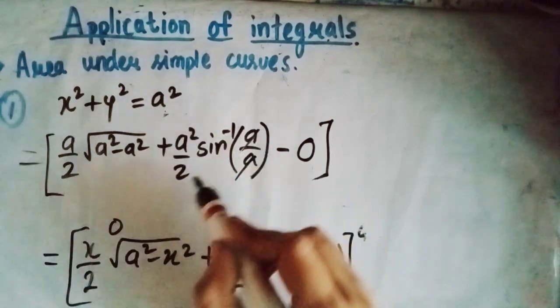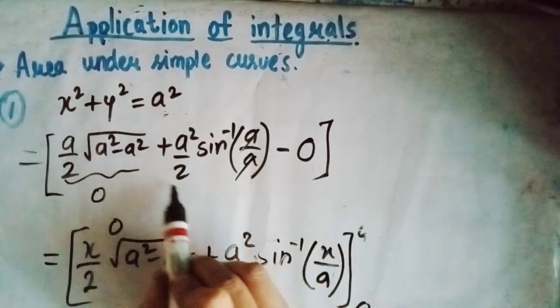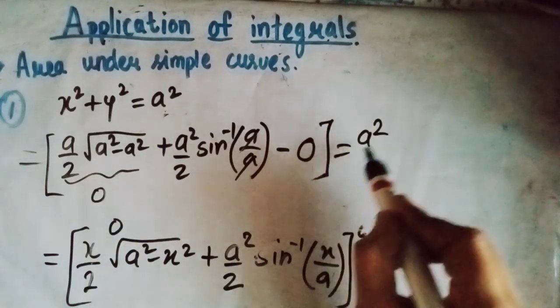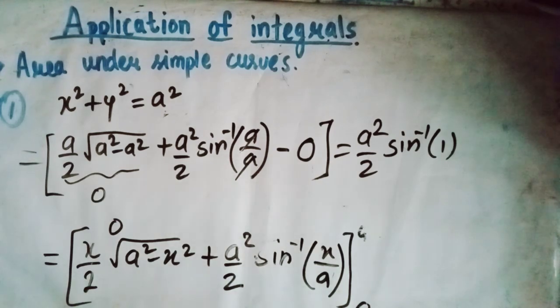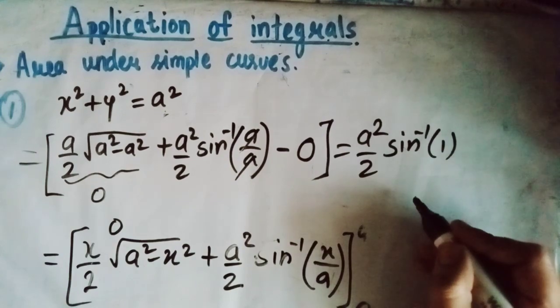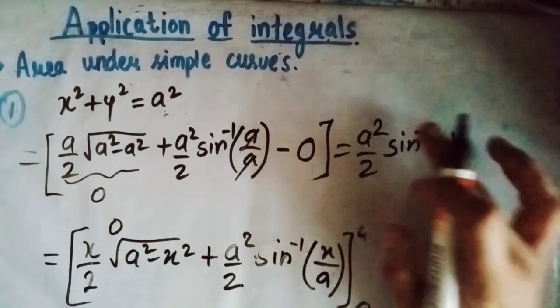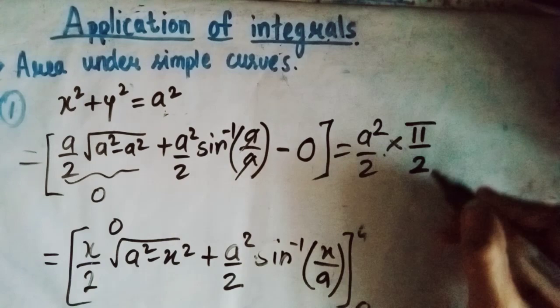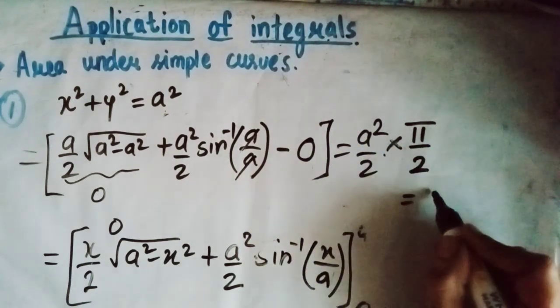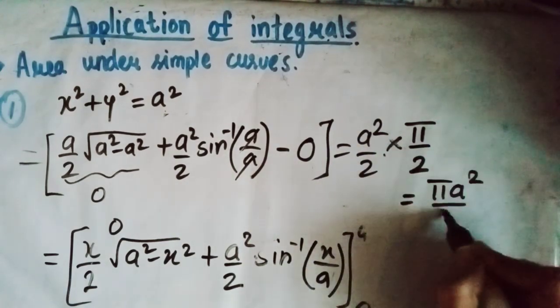Only the term remaining is a square by 2 sine inverse of 1. What is sine inverse of 1? Sine of 90, so sine inverse of 1 is pi by 2. So the final answer is pi a square by 4.